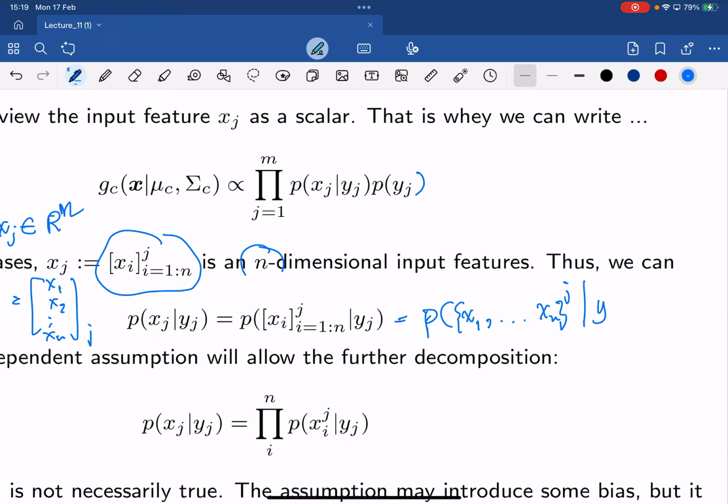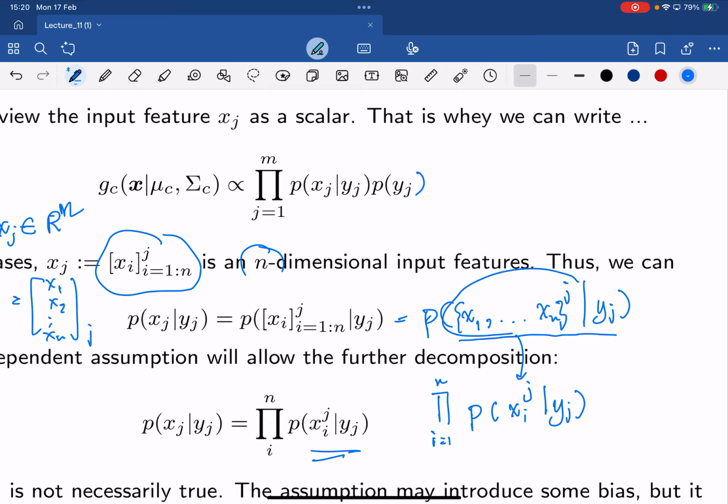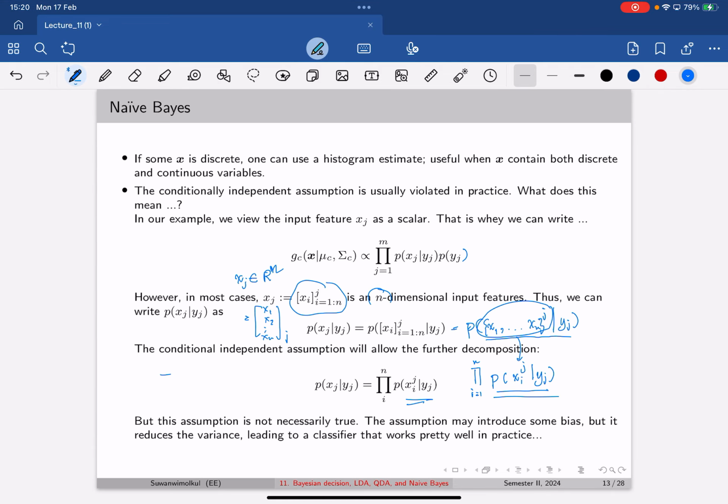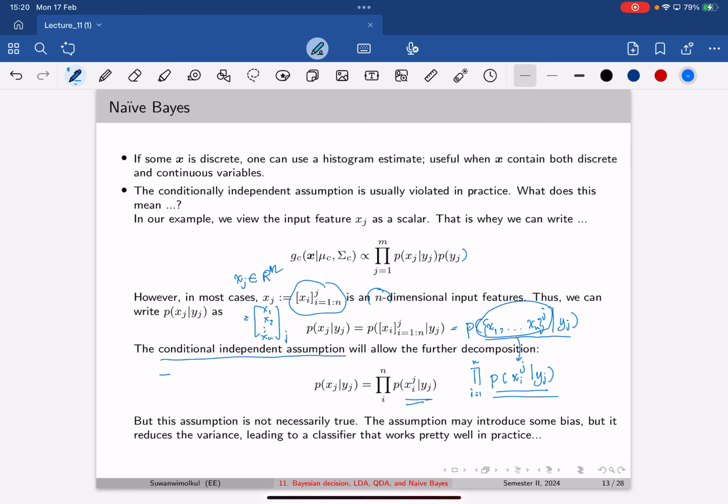It's a pretty long vector, and finding the probability of this joint distribution could be a big thing to do. So if you assume independence, you end up with xi of the j sample given yj. Instead of having to consider the multivariate version, you consider a smaller version of it, that is, individually, the probability of xi given yj. Yeah, so that is the conditional independence assumption.